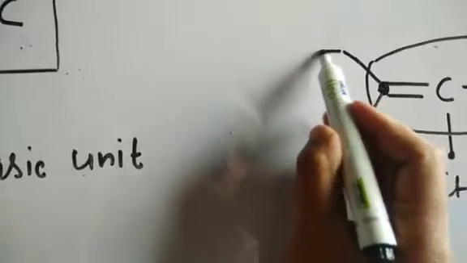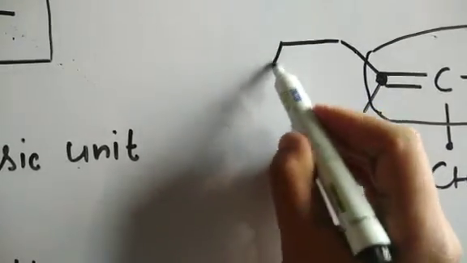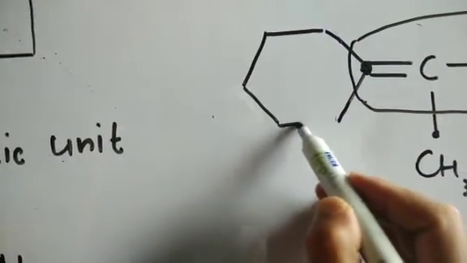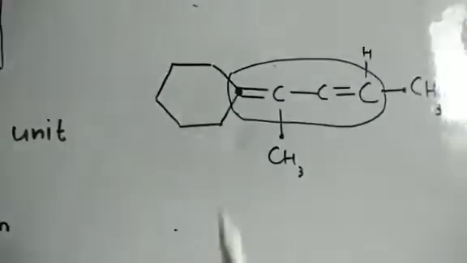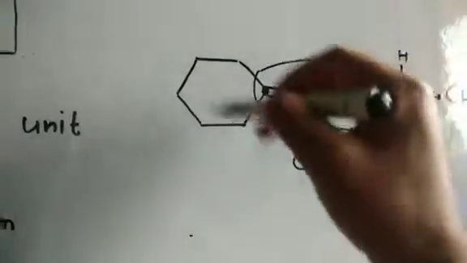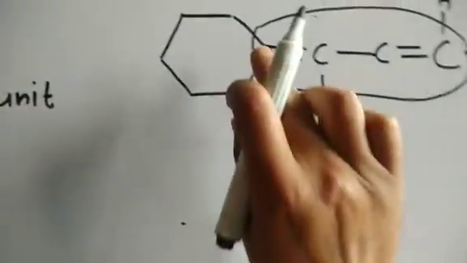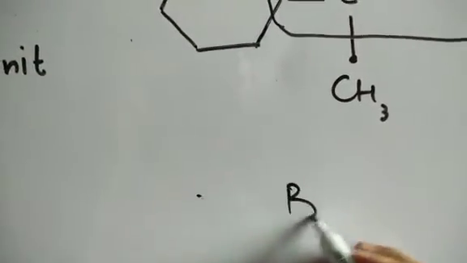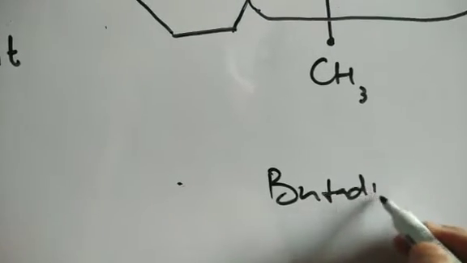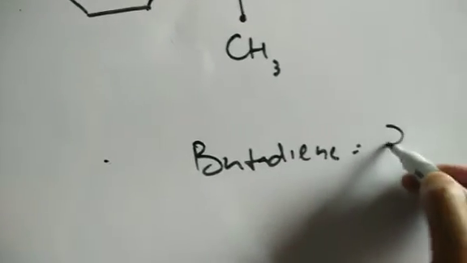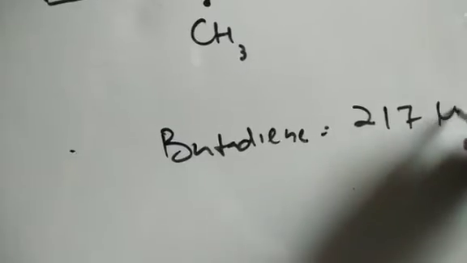I'll take a few examples for the understanding. Now what I did is, I will make this as a cyclohexane ring. So we'll start calculating. We have butadiene present, so the butadiene contribution is 217 micrometer.